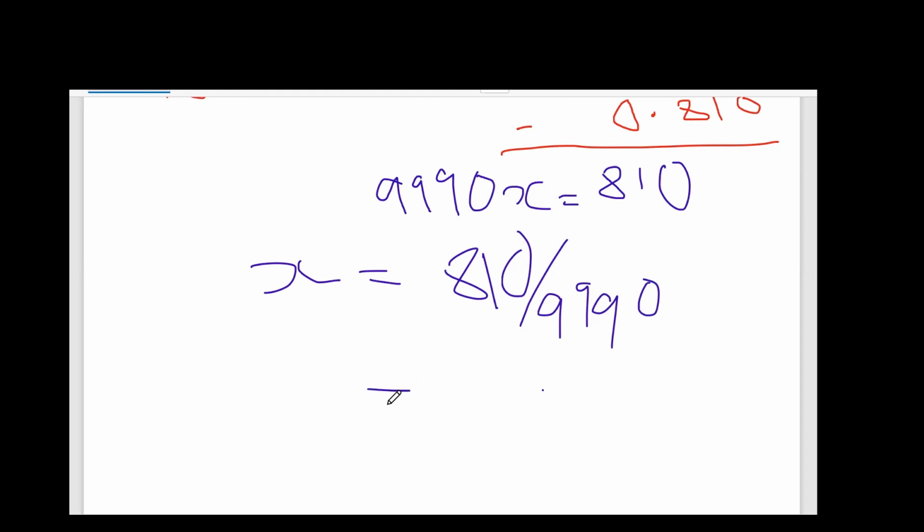Here now we can simplify this. We look for a number that can go into both of these numbers, the one that is common. I can see 10 there. If 10 goes there and 10 goes there, the zeros will go. So it will just be 81 over 999.